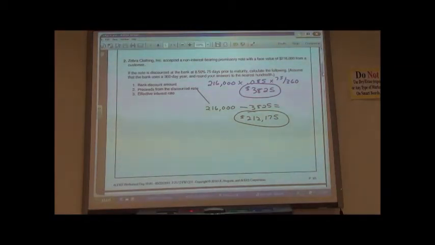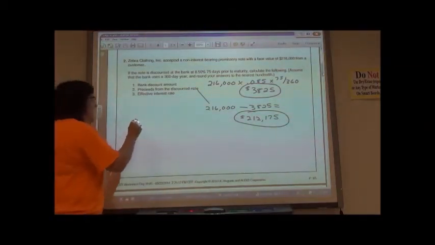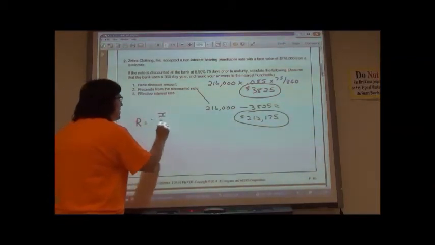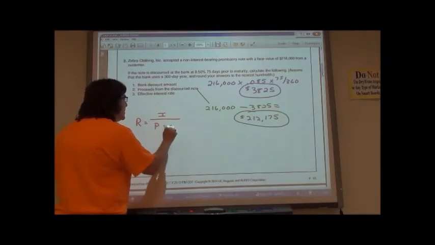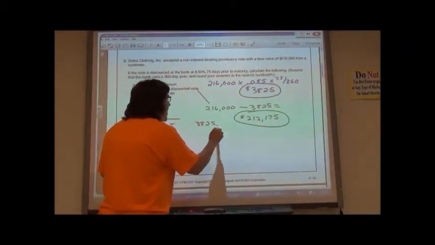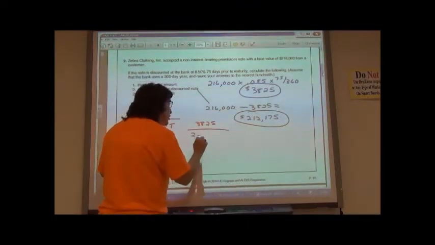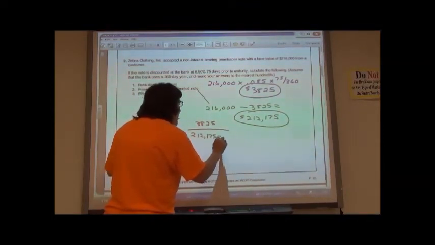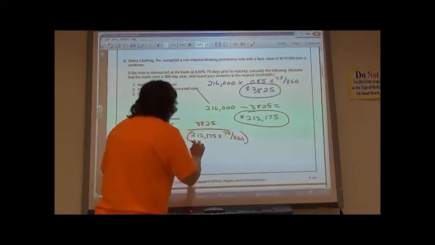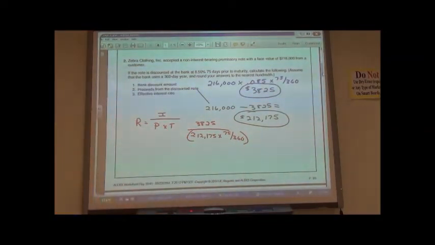My effective interest rate then, I'm going to take my interest divided by the proceeds times the time, and so my interest is the $3,825, my proceeds is the $212,175 out of the 75 days early that they cashed it in.